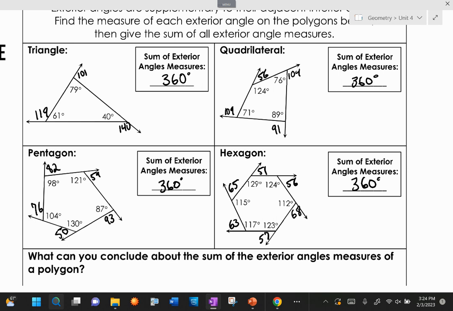Once you finish those three, you can answer the question that's right below those shapes.